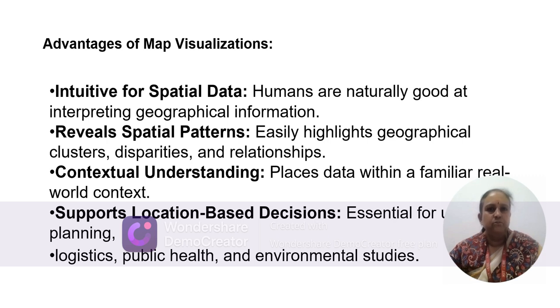Let us look into a few advantages of map visualization. It is ideal for spatial data, as we all know very well. Humans are naturally good at interpreting geographical information, and it reveals spatial patterns, easily highlights geographical clusters, disparities, and relationships, and it is used for contextual understanding.